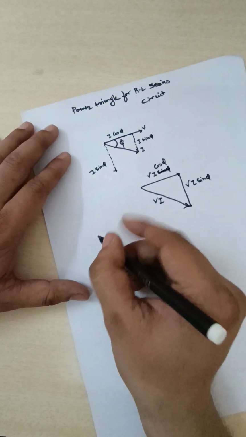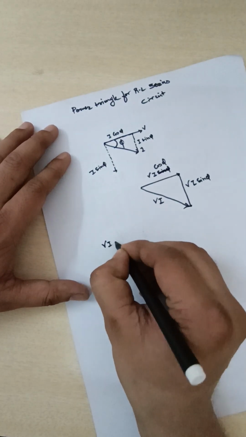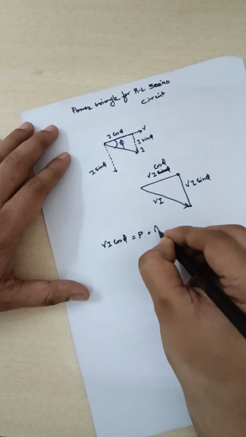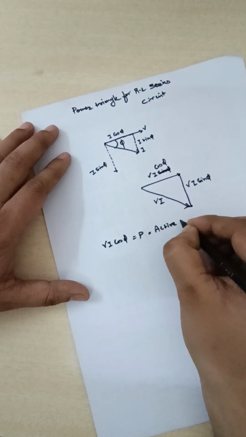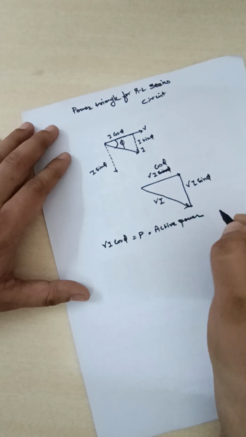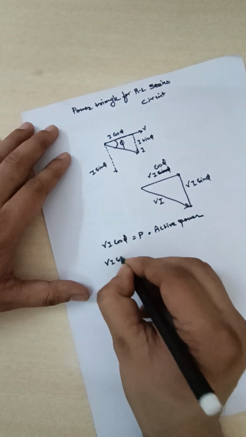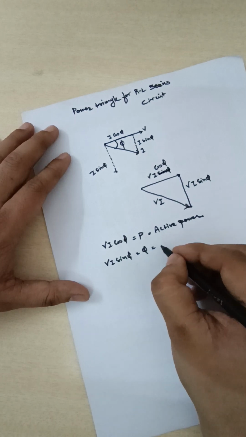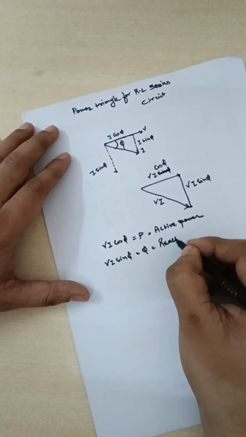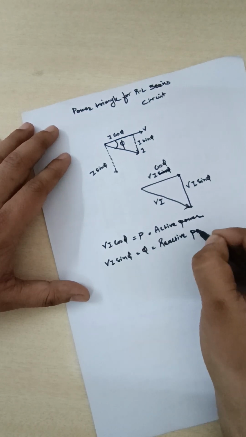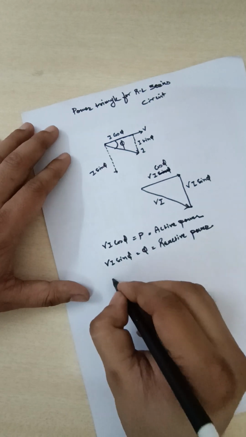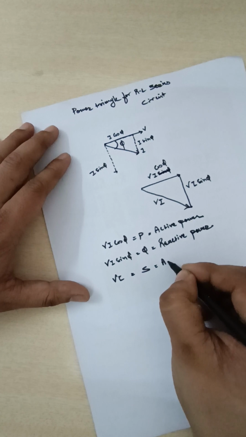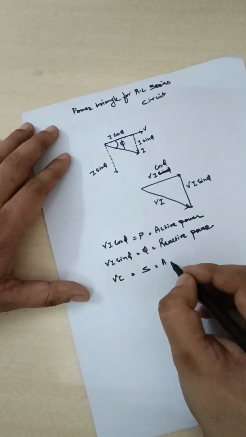So basically what is VI cos phi? VI cos phi is equal to P. It is termed as active power. VI sin phi is termed as Q and the name is reactive power. And VI is basically S. It is termed as apparent power.